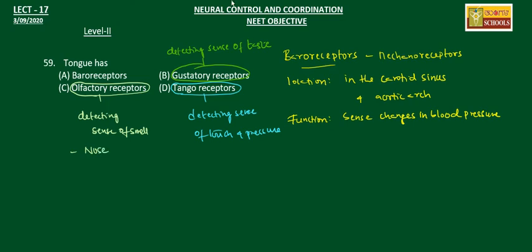Whereas in the case of gustatory receptors the location is the tongue. Tango receptors are present in the skin, and I already gave you the location and function of baroreceptors. So the right option is B, that is gustatory receptors. So the tongue has gustatory receptors.